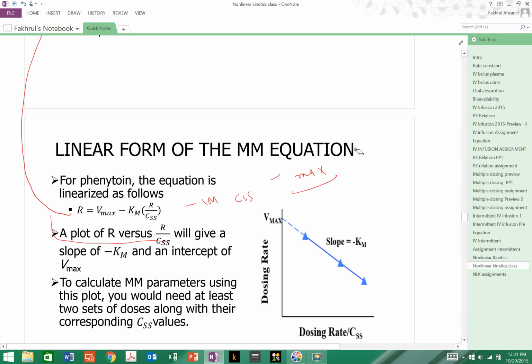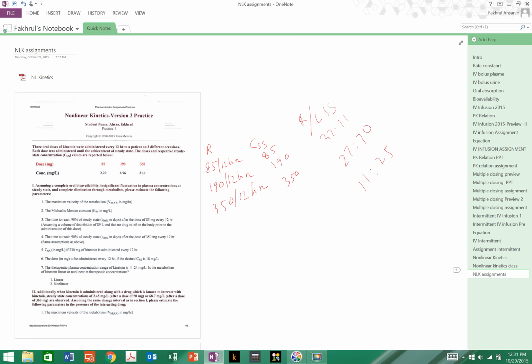Let's clean it a little bit. This is the equation, the linear form of the equation. So for this reason we first have to find this, and R is already given.